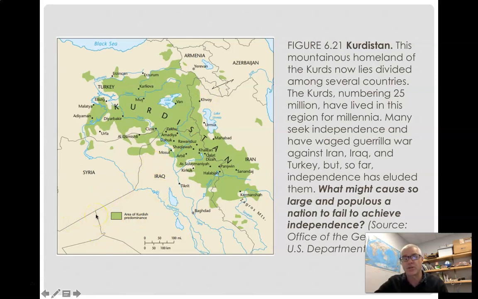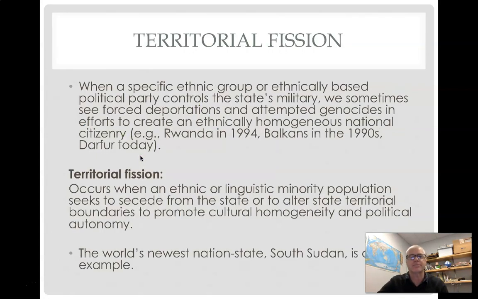They're mostly geometric. They certainly are not ethnographic because they cut through the major ethnic groups of the area. But a lot of these borders were made up by the French and the British at the end of World War I, when they divided up the Middle East among themselves without any real regard for where different groups were. And this has created a lot of problems in the years after that.